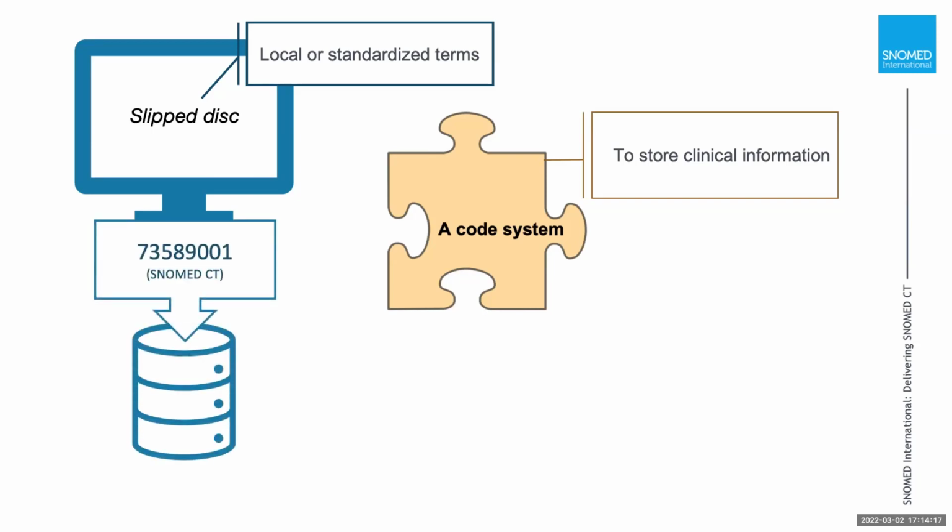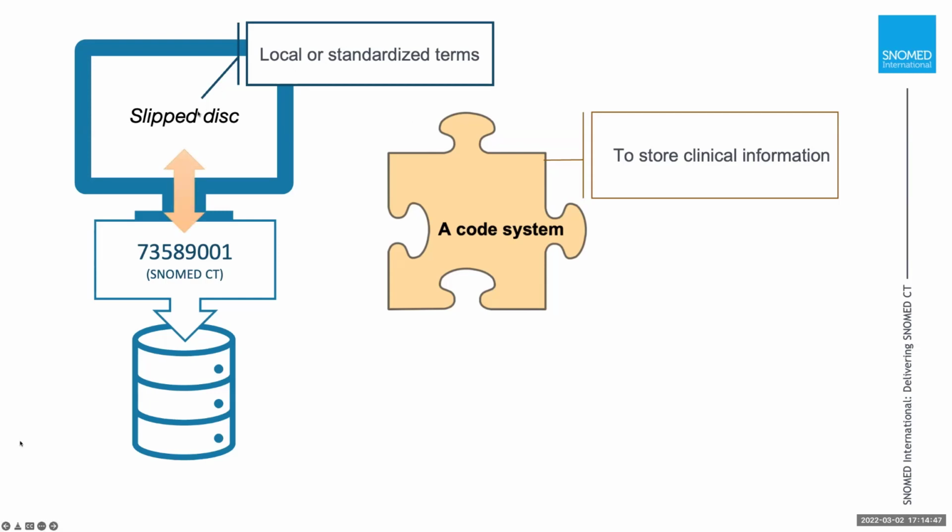But what you put into your database or your data storage would be SNOMED CT identifiers. So here you simply use the SNOMED CT codes for storage. That is what we mean when you use it as a code system, because that would be how you use any other code systems that are out there, simply to ensure that every time you want to represent a clinical idea, you use this concept.